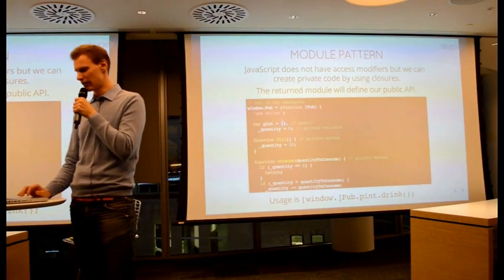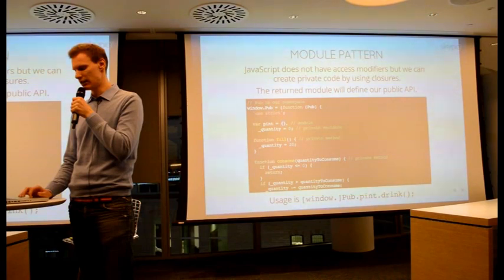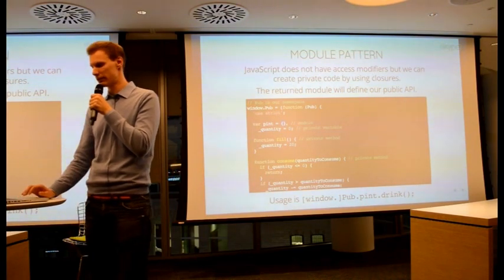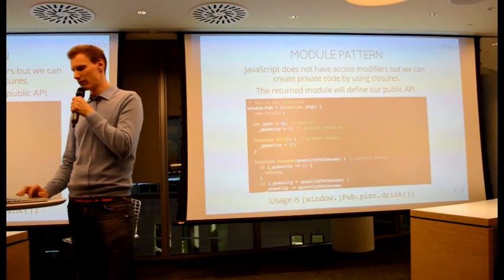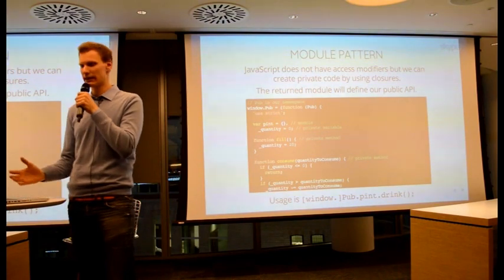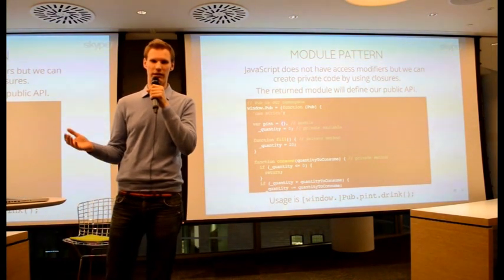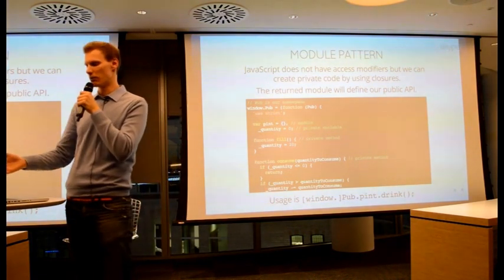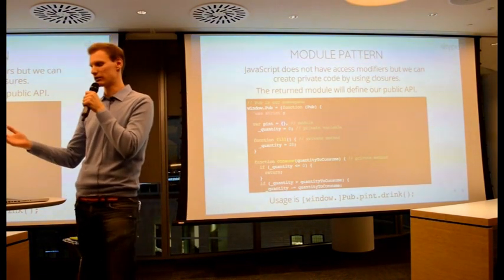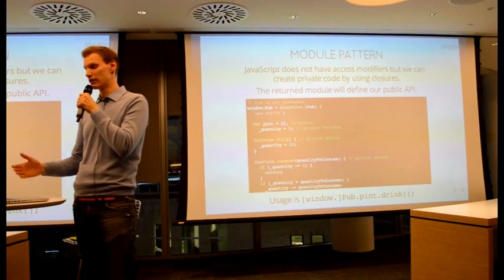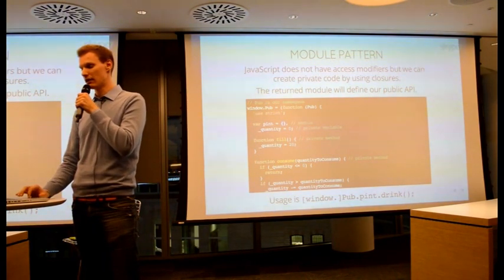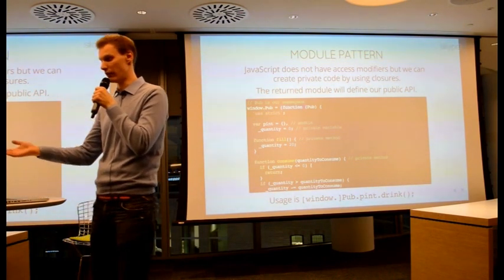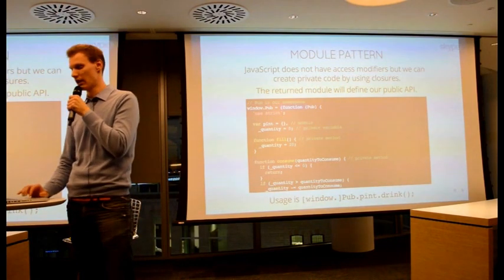And the next thing I would like to show here is how to create a namespace. Basically namespaces are just nested objects with properties, and so we create our pub namespace on the window object, and the pub namespace will be assigned the return value from the IIFE, which is our self-executing function.